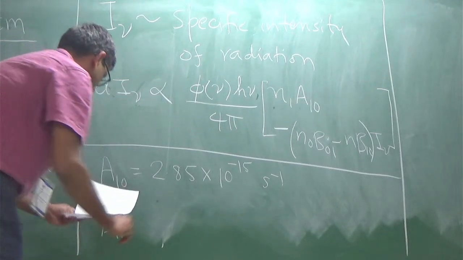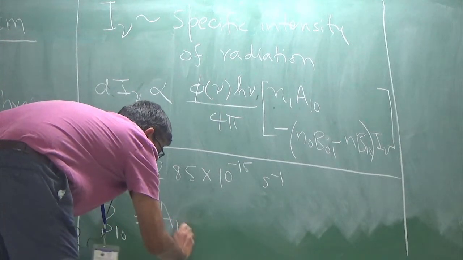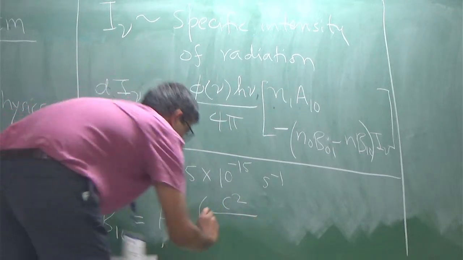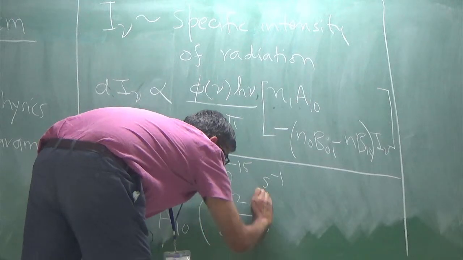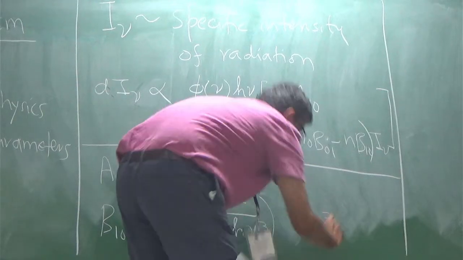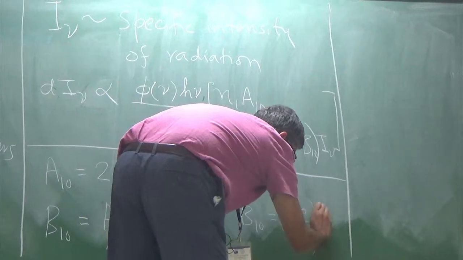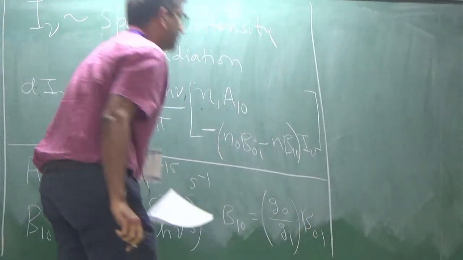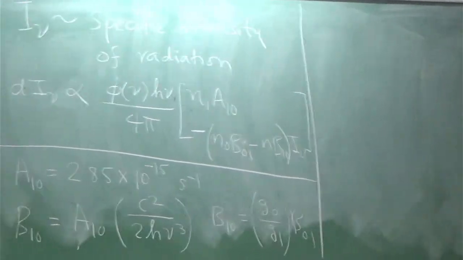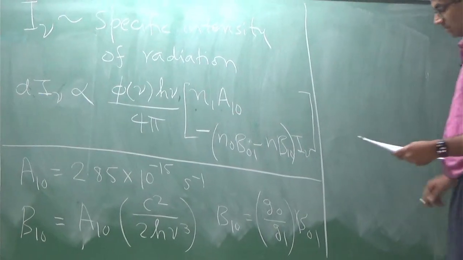And once we have A10, we can write B10 and B01 as well. Right, and g0 and g1, we just learned what their values are.